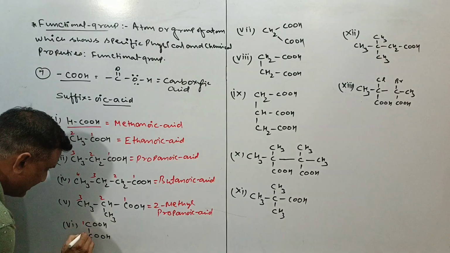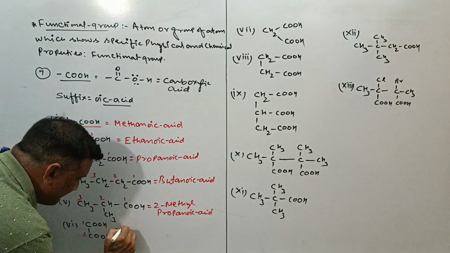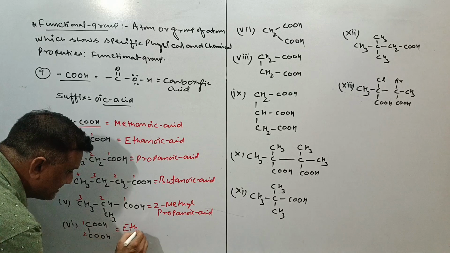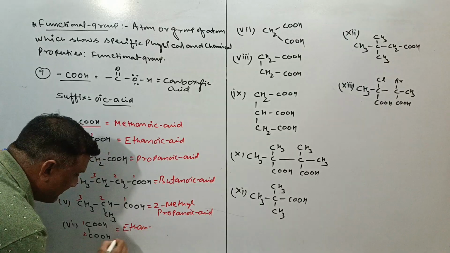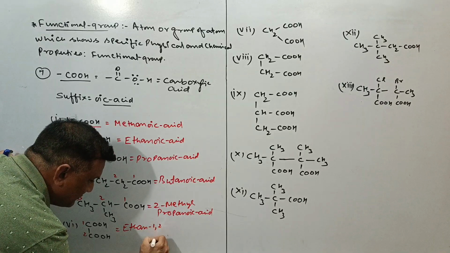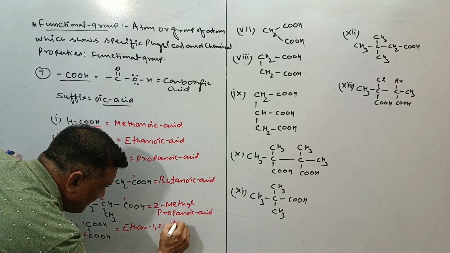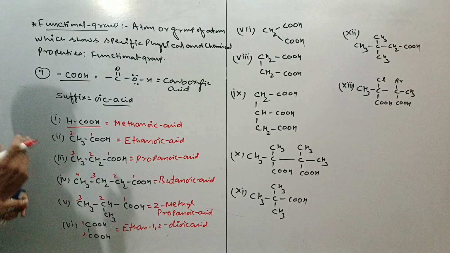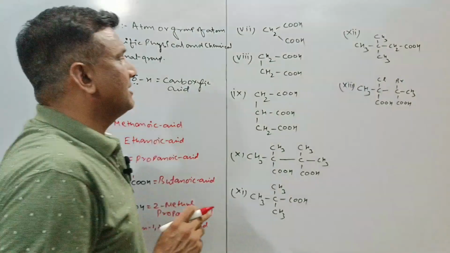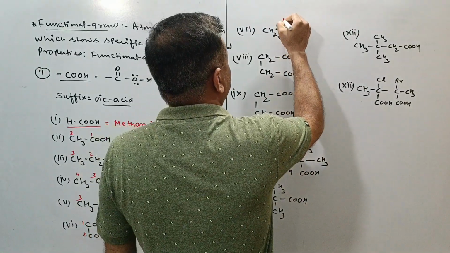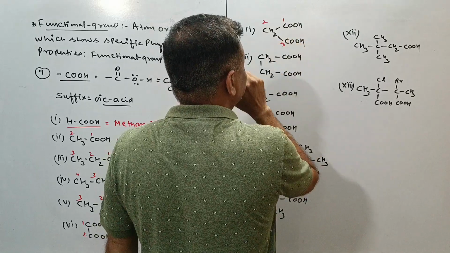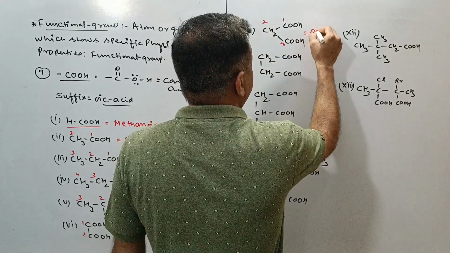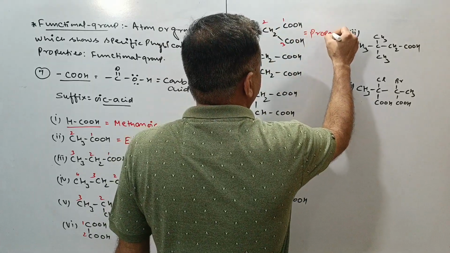Here there are 2 carbon atoms. So for 2 carbon atoms, it will use eth, single bond an. At number 1 position there is a functional group, at number 2 position there is a functional group. It will be dioic acid. This is the nomenclature of this compound. Now for this, there are 3 carbons in the chain like this. So you will call it prop, single bond an.